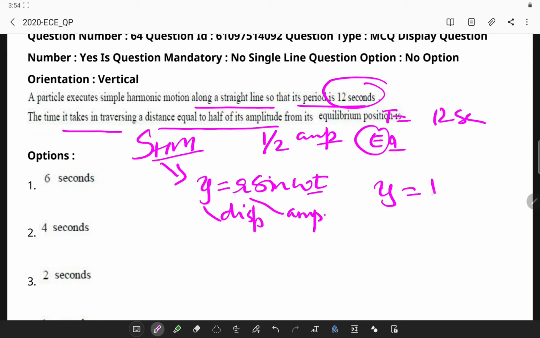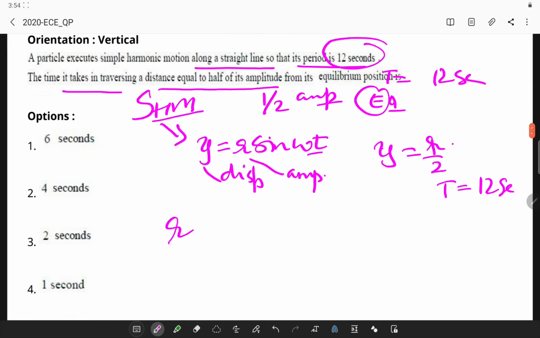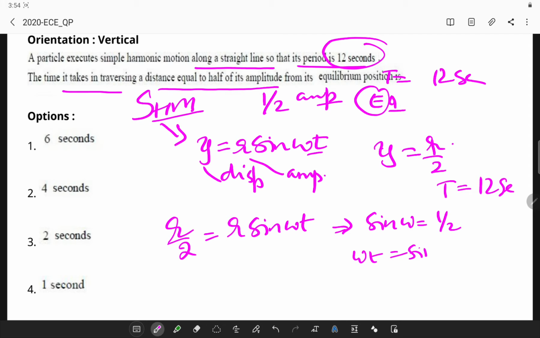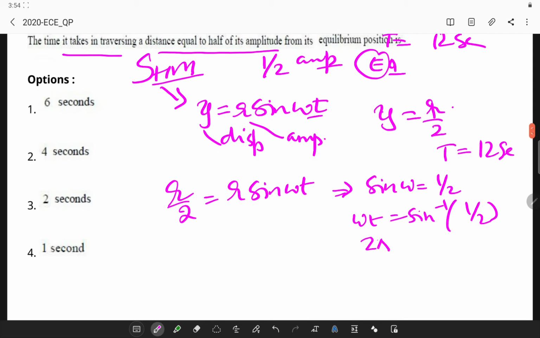Now in the second half of the question, it is clearly given y is half the amplitude, or r by 2, and T is 12 seconds. So r by 2 is equal to r sin omega t. So I can simply write sin omega t is equal to 1 by 2. So omega t is equal to sin inverse 1 by 2, or omega is simply 2 pi by T into t.